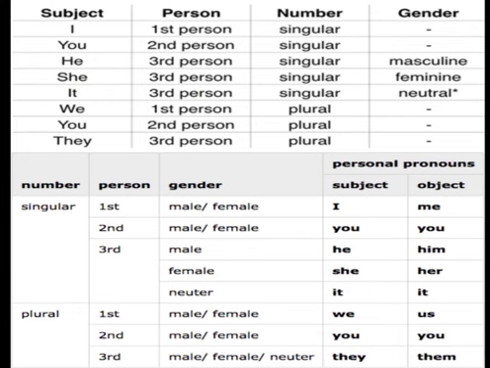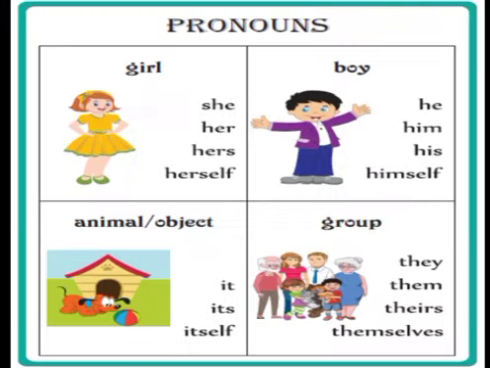Now children, in our previous slide we have classified the pronouns into 4 types. Like for girls different pronouns, for boys different pronouns, for animal and object different pronouns, for group different pronouns.